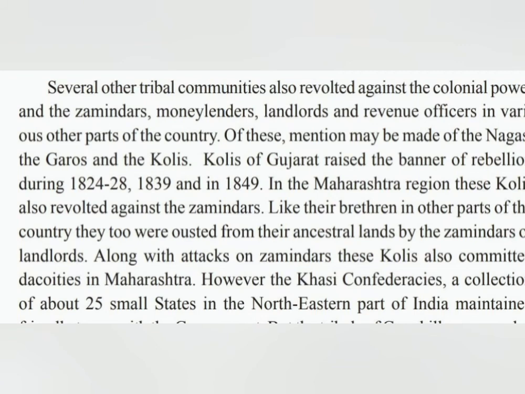In the Maharashtra region, these Kolis also revolted against the zamindars like their brethren in other parts of the country. They too were ousted from their ancestral lands by the zamindars and landlords. Along with attacks on zamindars, these Kolis also committed dacoities in Maharashtra.